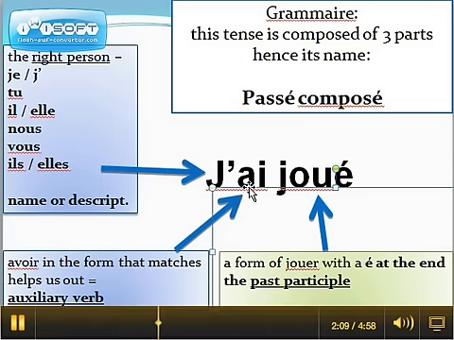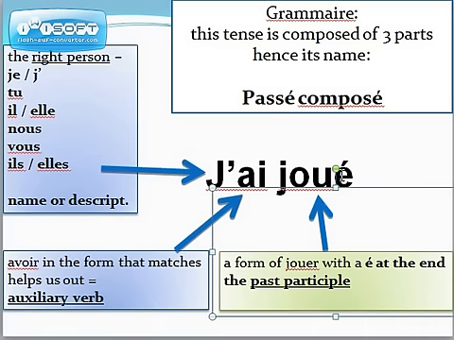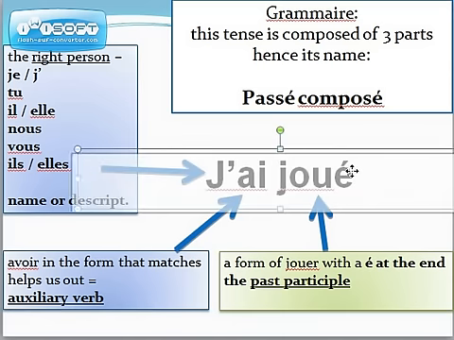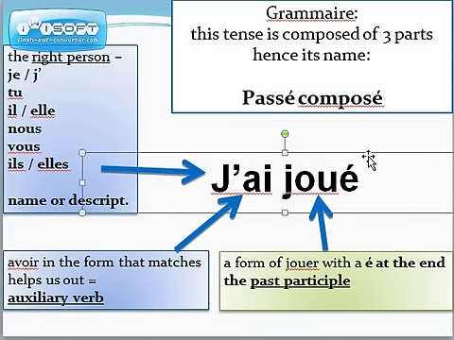Again, it cannot stand by itself. It is part of the verb. Here you can see it's got the accent aigu at the end, the E with the upward accent on it. That is often the case for the ER verbs, but it doesn't necessarily apply to the other verbs. So that can be a bridge to help you remember it, but don't rely on it exclusively.